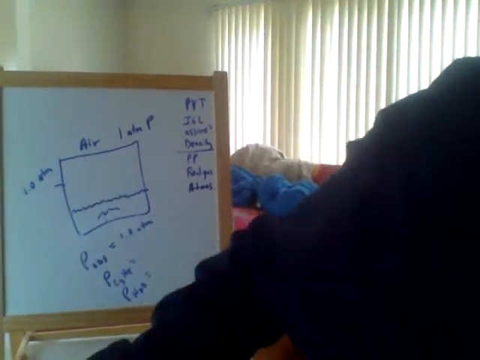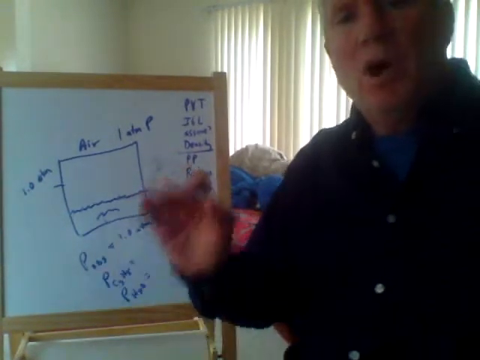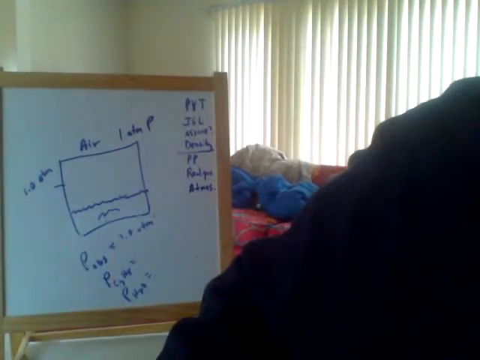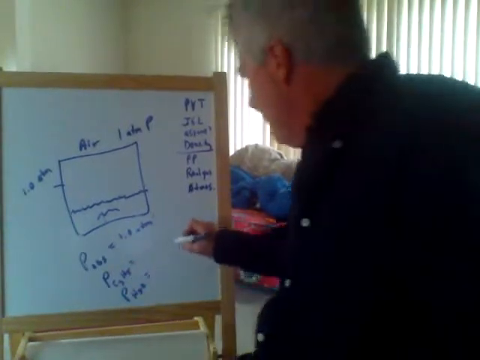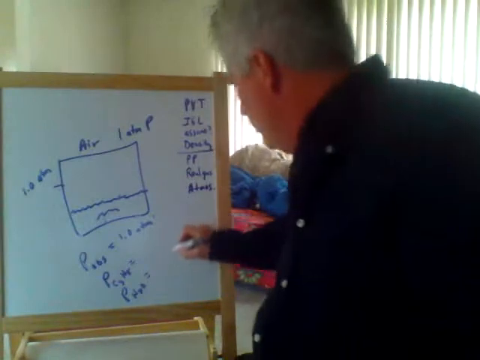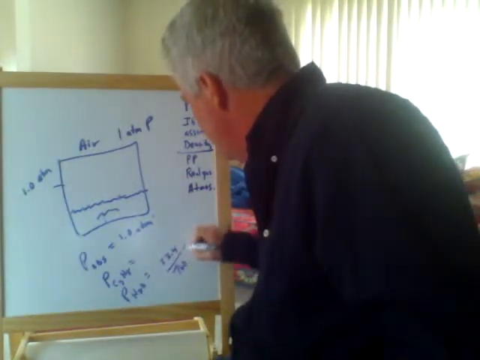In fact, there's a table in your book, table 5.3, that lists the partial pressure of water at various temperatures. And at room temperature, it's roughly 22.4 divided by 760 atmospheres.